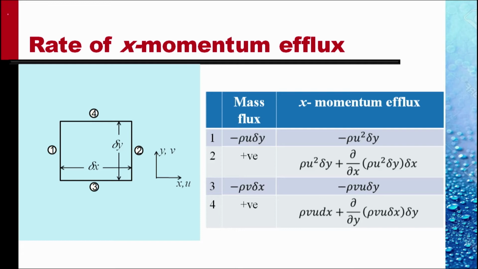The mass flux across surface 3, which has an outward normal in the minus y direction, is minus rho v delta x.